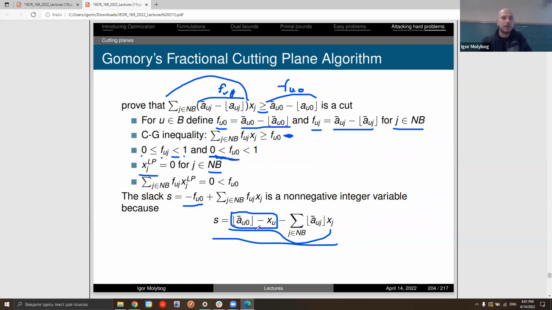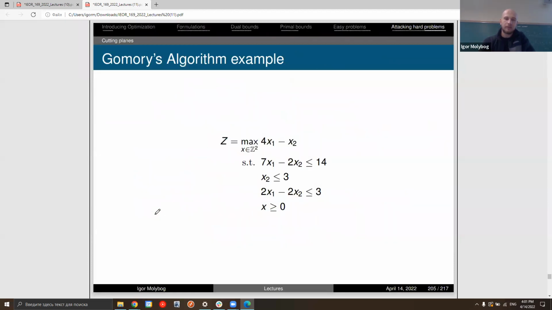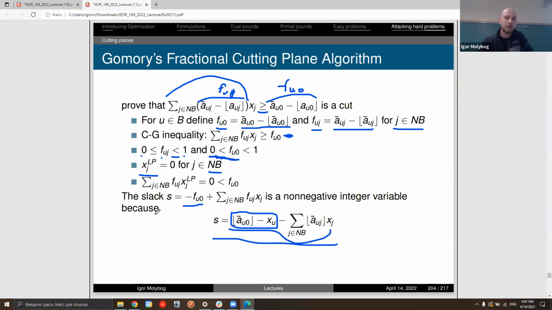But anyway, the slack s is a non-negative integer variable which we can exploit later in the algorithm that we are trying to build. I will give you an example of that algorithm later.